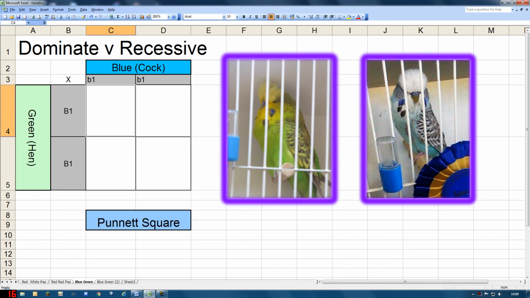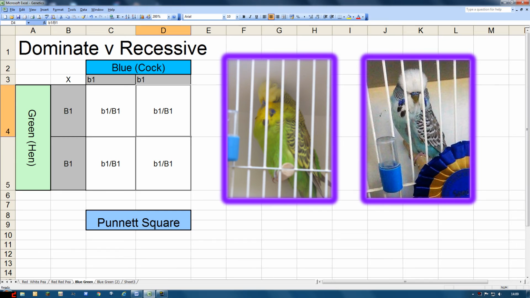So we'll just do exactly the same as we did before, bring the small lowercase b and the 1 down from the top, and then bring across the uppercase B and the 1 from the side. And the same again here. And now same down here. So there we go.